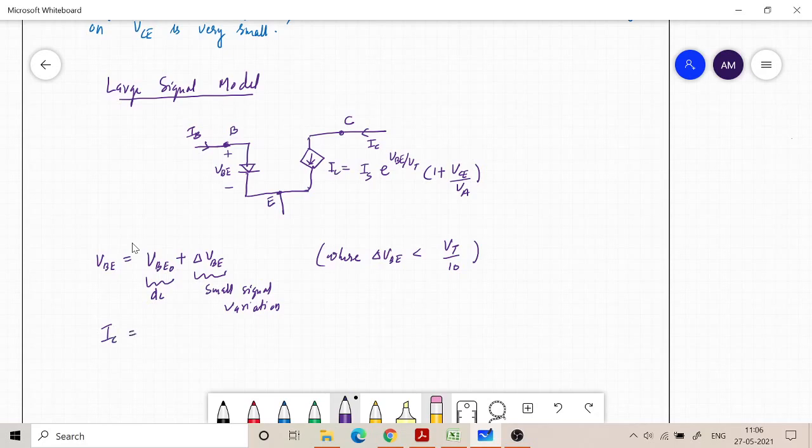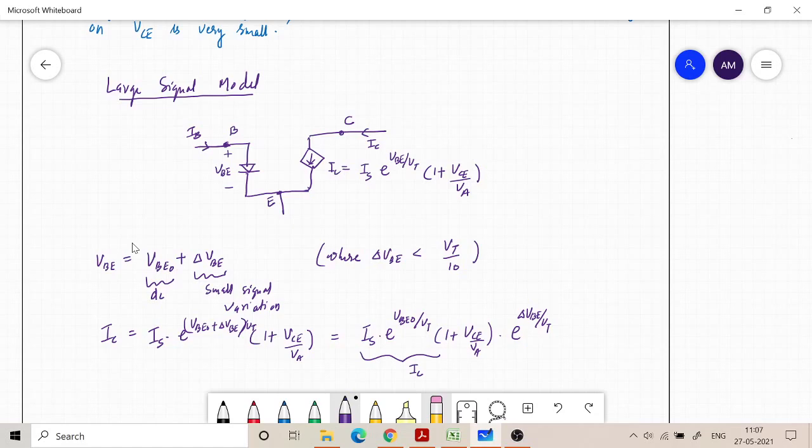The output current, you can write it by taking the expression and substituting IS into e raised to, so VBE is now VBE0 plus delta VBE, into 1 plus VCE by VA. Now we have a sum of two things in the exponential, so we can write it as a product of two exponentials: e raised to VBE0 by VT, into 1 plus VCE by VA, into the second term, which is basically e raised to delta VBE by VT.